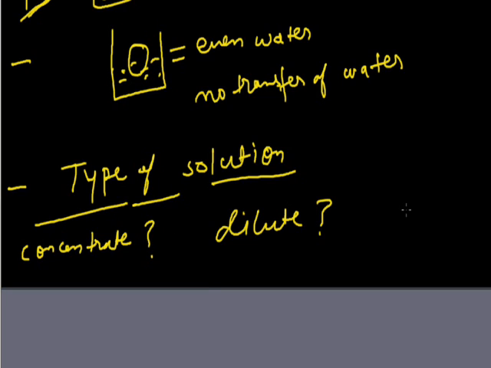To understand this, I'll give some examples of dilute and concentrated solutions. Next, the types of solution on the basis of osmosis. Before starting that, first I would like to discuss what a concentrated and what a dilute solution is.